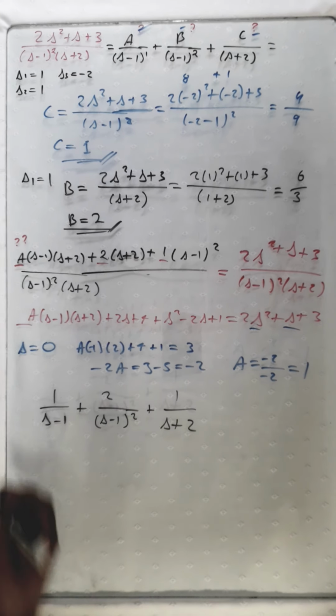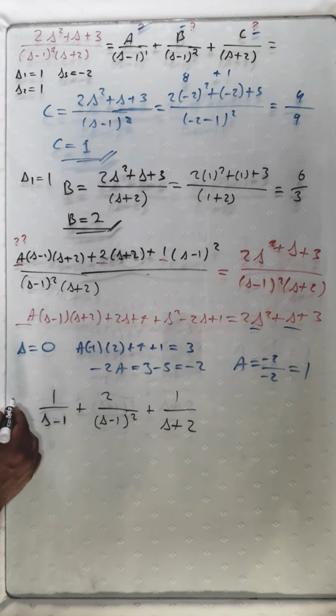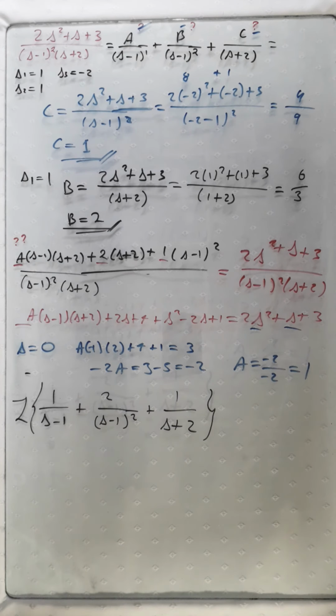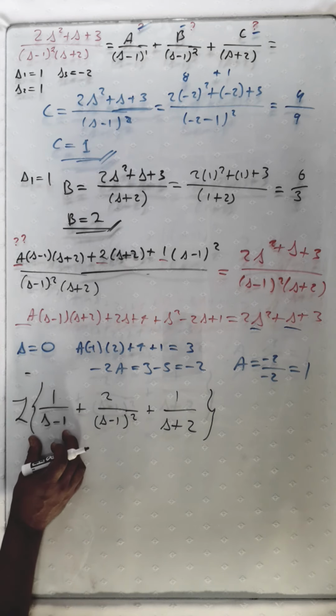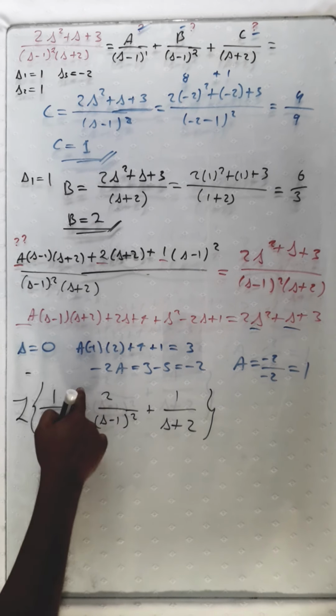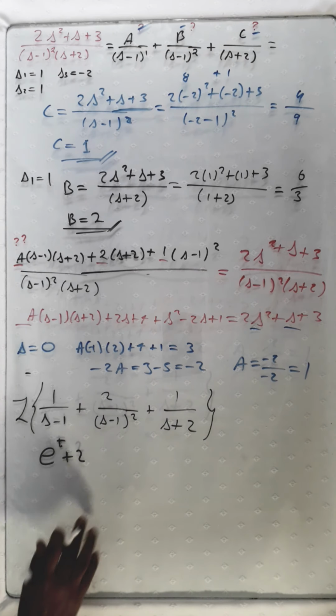Now, assuming that the problem asks you for the Laplace inverse, the Laplace inverse of this is just exponential of t plus 2. The 2 goes outside of the Laplace inverse.